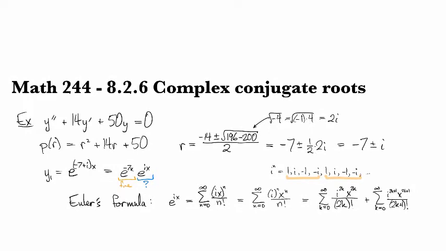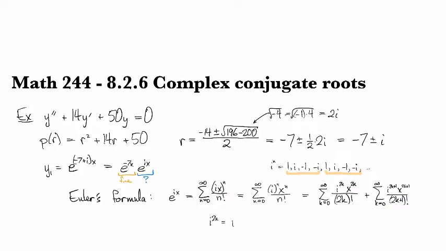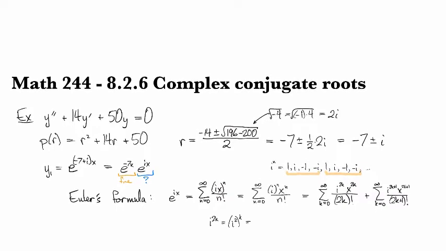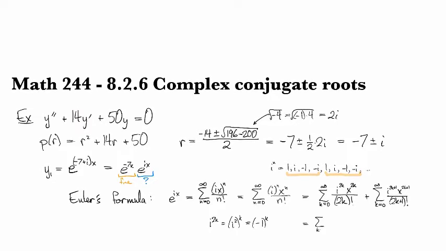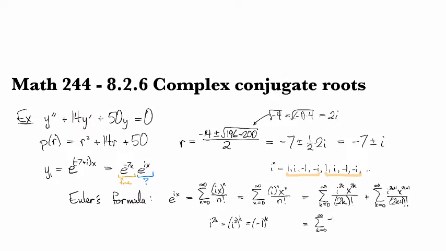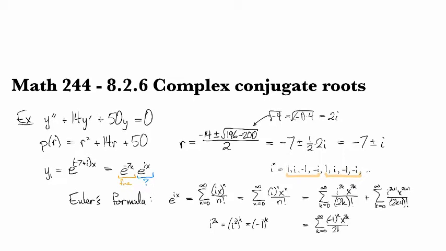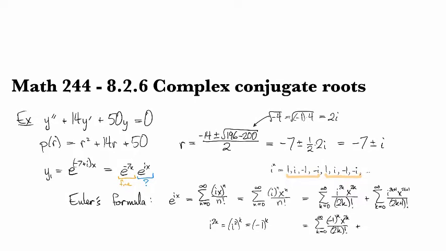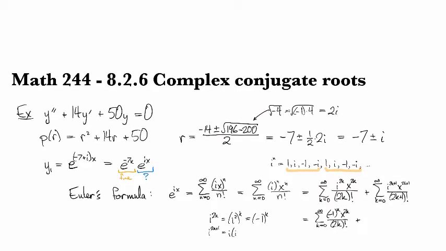If I look at the even terms, i to the 2k is the same thing as i squared raised to the power k, but i squared is minus 1. So that first one becomes minus 1 to the k, x to the 2k over 2k factorial. For the other one, if we look at i to the 2k plus 1, this is the same thing as i times i to the 2k, which we just worked out in the previous step.